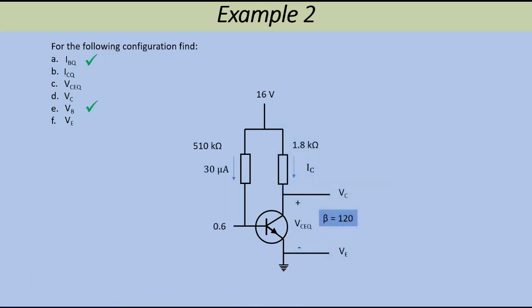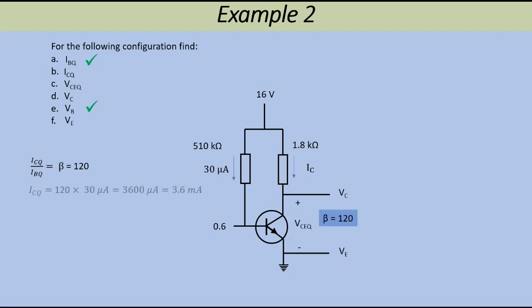Now we want to know what IC is, the collector current, and you'll see I've accidentally dropped the Q following the IC on this diagram, but don't worry about that. It's exactly the same current, and we just need to remind ourselves that beta is the ratio of the collector current, ICQ I should say, to the base current IBQ.